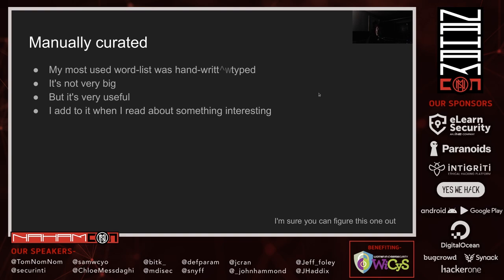And I just add to it when I read something interesting. So if that's a disclosed issue where there was a particular path that was mentioned, or maybe it's just a blog post about some interesting files that someone's found, I'll just add to it. But I try to keep the quality high and the size small so that I can use it quickly.